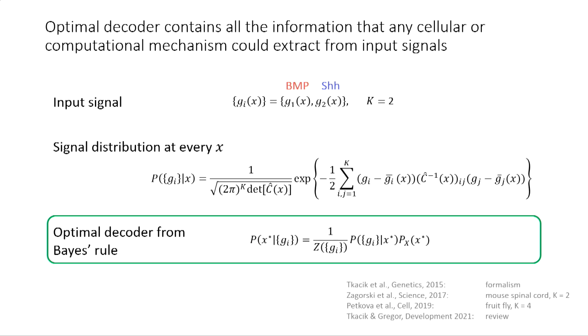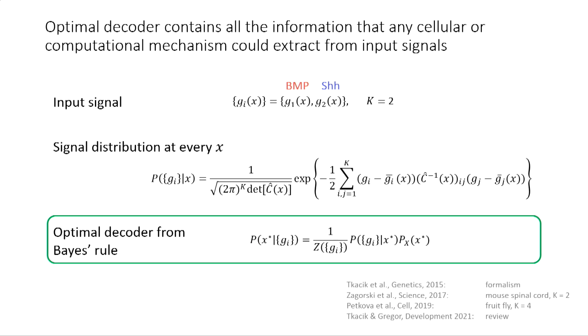This is mostly technical, because one could take more measurements and work with the actual distribution, but it's more reliable to fit it with a smooth distribution. This can be constructed with the mean of the signal and the covariance matrix of the signal. And now having that, that's the distribution of the signal at every position x.